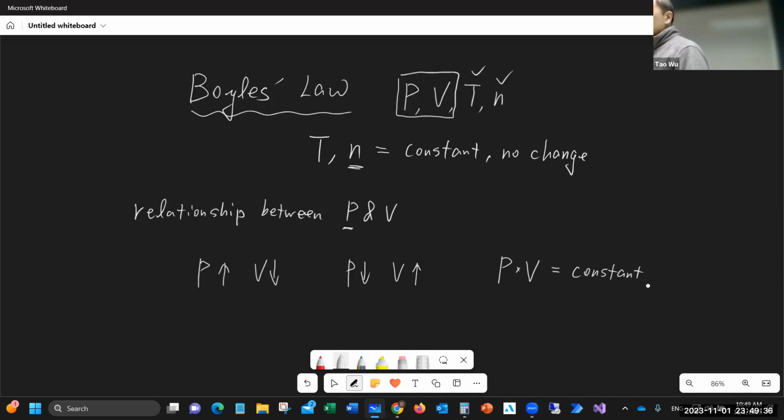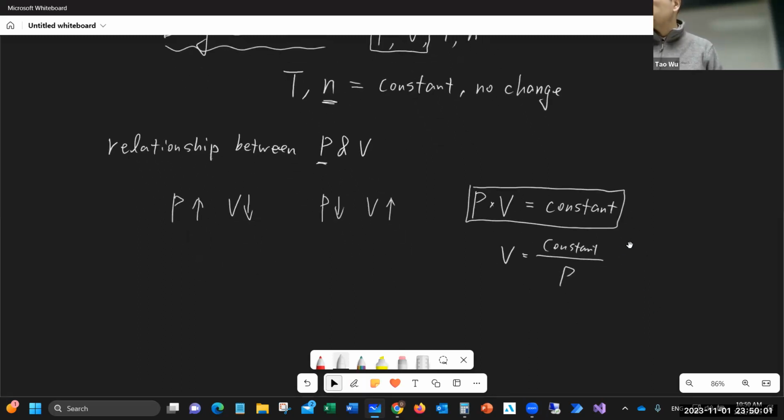Or you can write volume is equal to a constant divided by pressure. You can also write it like this, but in most cases people write pressure times volume equal to a constant to represent Boyle's law.